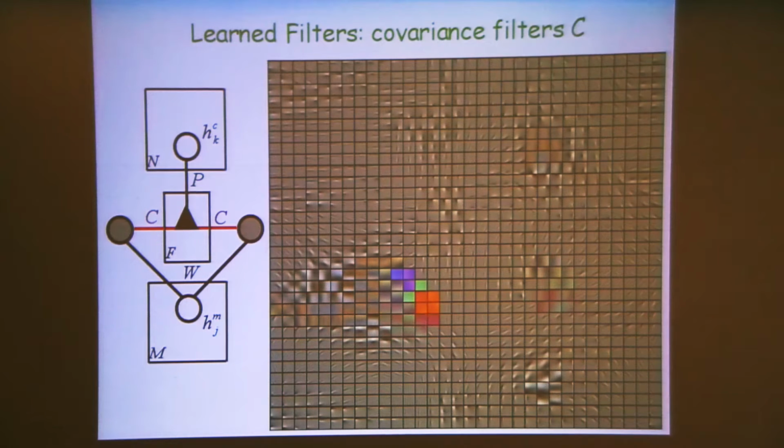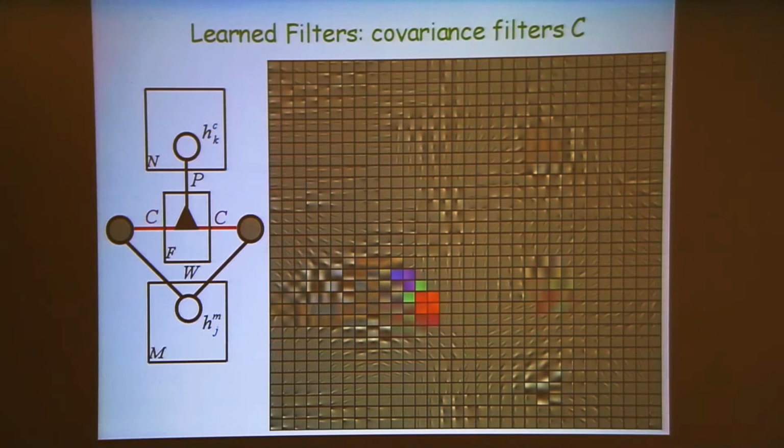So all these filters look like gabors, right? But they mean very different things. Because a gabor here, for instance, let's take this gabor here, is saying that pixels on this side of the edge tend to be strongly correlated with each other, and pixels on the other side of the edge tend also to be strongly correlated, but there is no correlation between pixels on the other side of the edge.